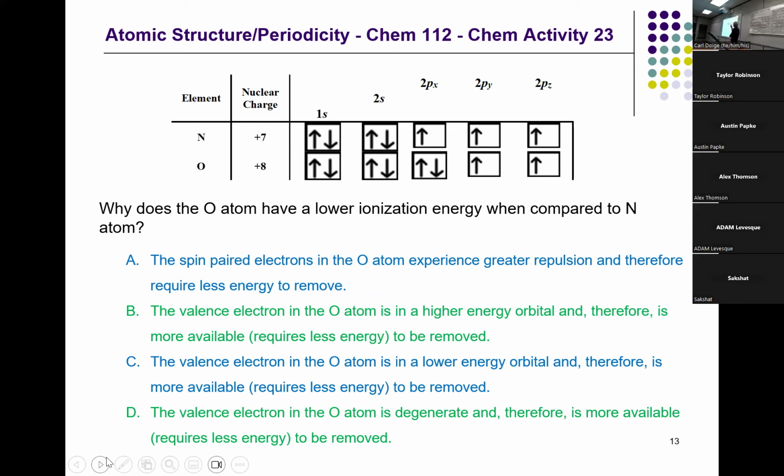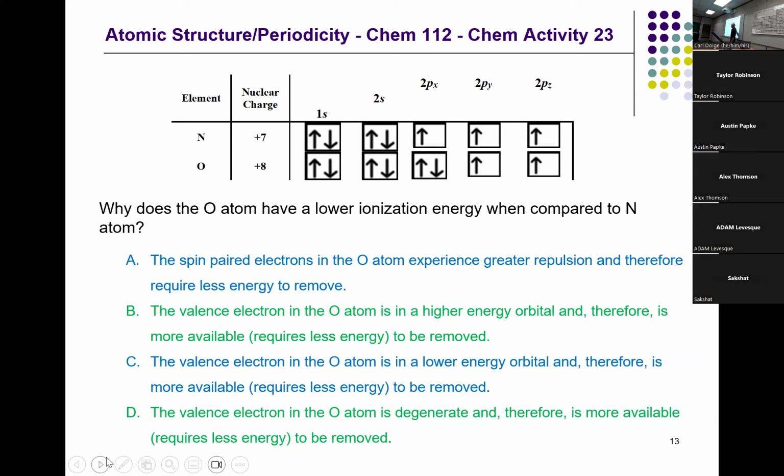So let's look. We go from nitrogen to oxygen. The number of protons goes up. We'd expect the nuclear charge to go up. We'd expect that these valence electrons would be more attracted to the nucleus. It'd be harder to remove them. And that's true if it doesn't matter which electron we're removing.